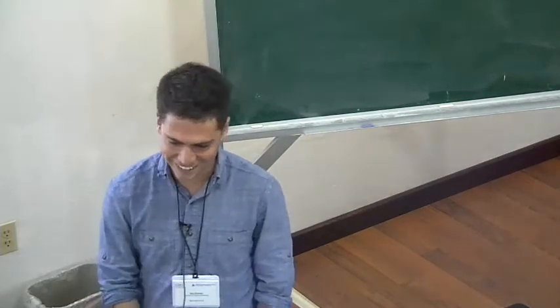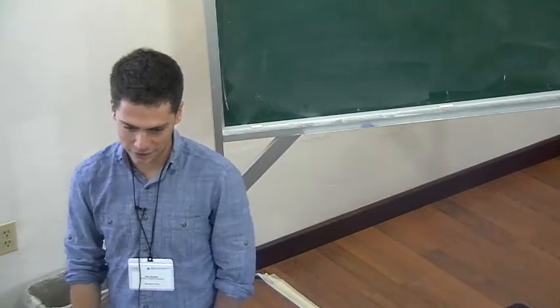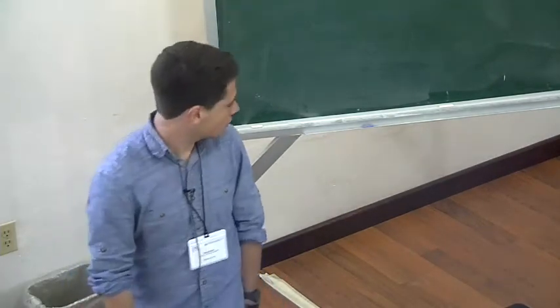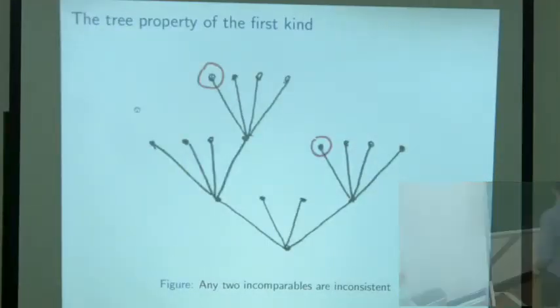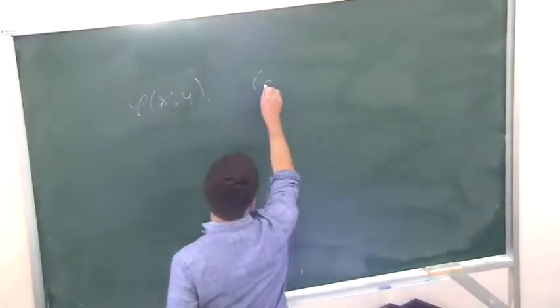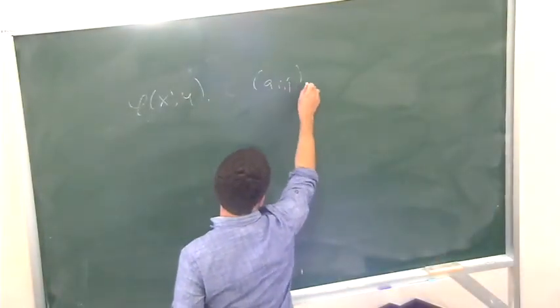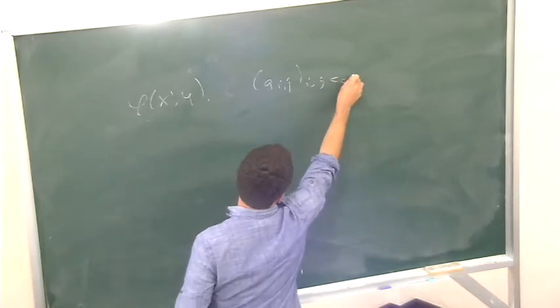Say just for the audience. Yeah, I mean, say the second kind. Yeah, OK. So the tree property of the second kind looks like this. So I've got a formula. And now I have an array a_ij, i, j less than omega.